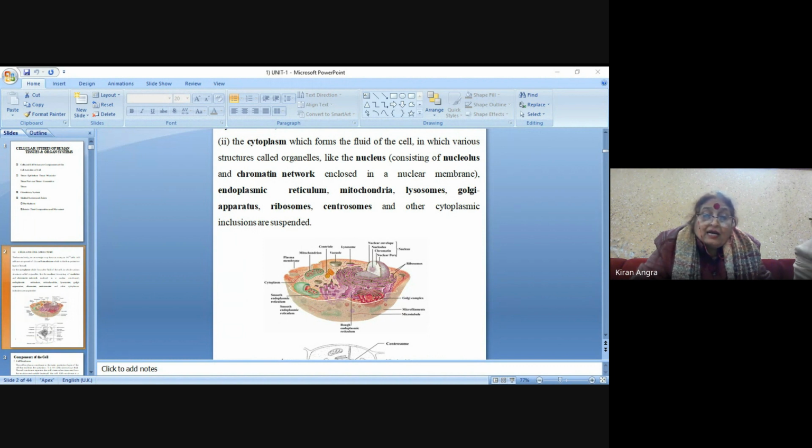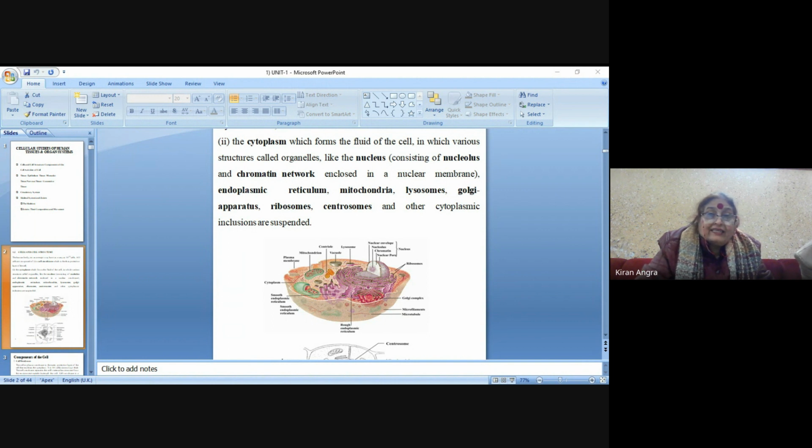These all are suspended in cytoplasm. So this is what we have tried to show you in this picture. If you see the lower part, there are two similar diagrams. One is cross sectional and one is transverse section, which shows the various organelles lying in the cytoplasm.